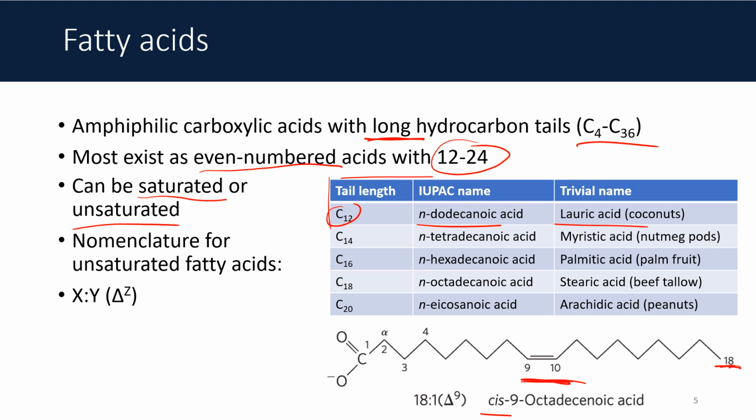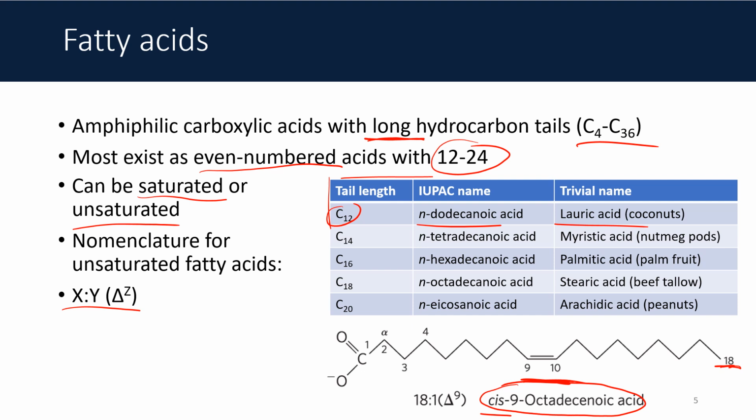Now, I'm not super concerned with your ability to whip out IUPAC names at the drop of a hat. And that's in part because biochemists came up with, I think, a more convenient notation system for describing the geometry and composition of an unsaturated fatty acid. And the rule is X colon Y parentheses delta Z. What the hell does that mean?